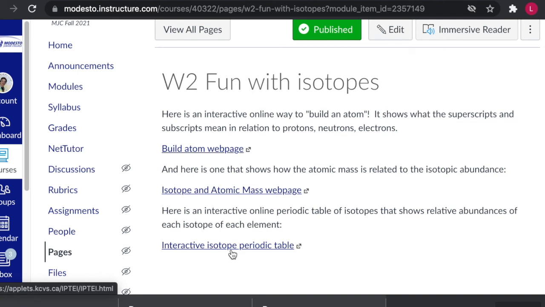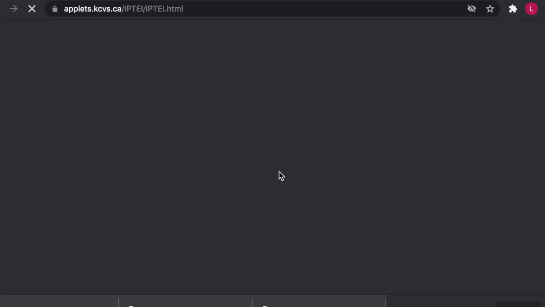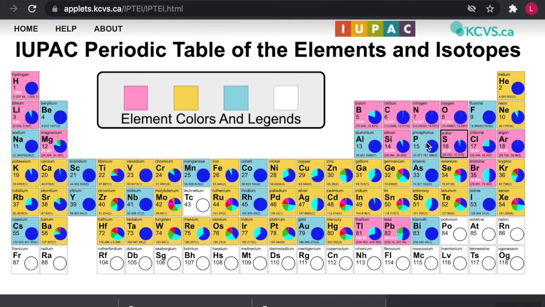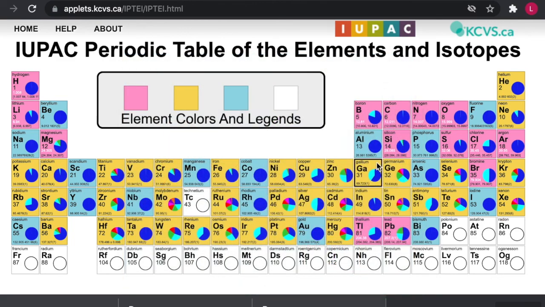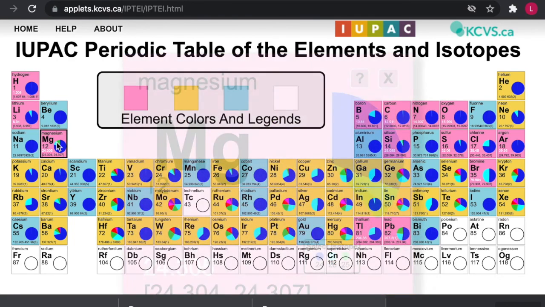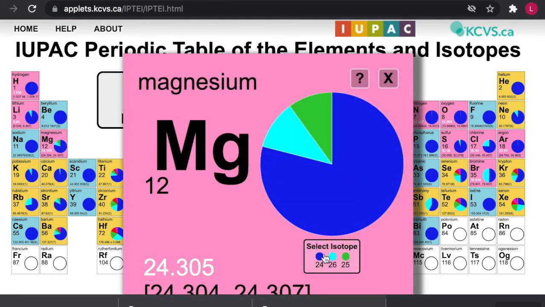Another interesting resource is the periodic table that shows all the different elements and what mixtures are found in nature. So we have some elements that are almost all one isotope or all one isotope. We have elements that, like magnesium that we just looked at, are mixtures of 2 or 3 different isotopes.